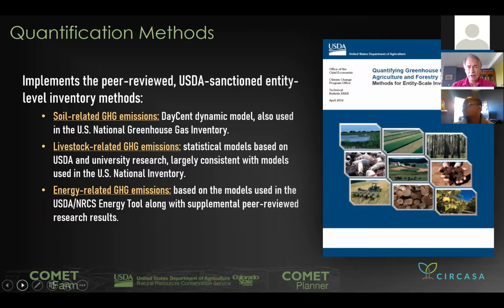So think of it a little bit analogous to the IPCC inventory task force in terms of producing a set of guidelines, but this is specific for the US, and it covers again all the various gases and sources within the land use sector.